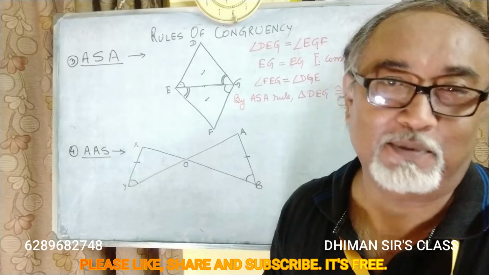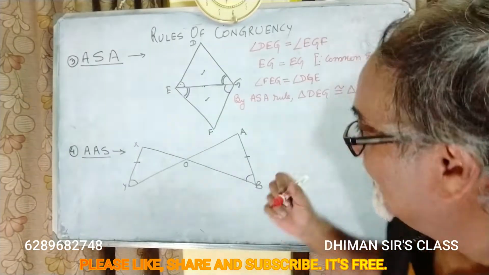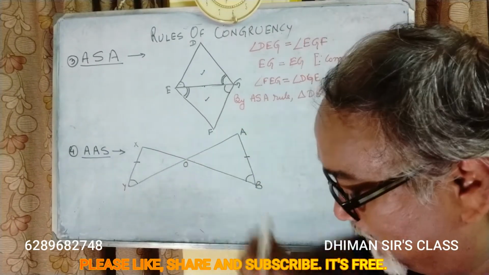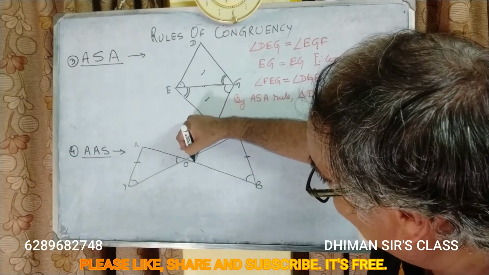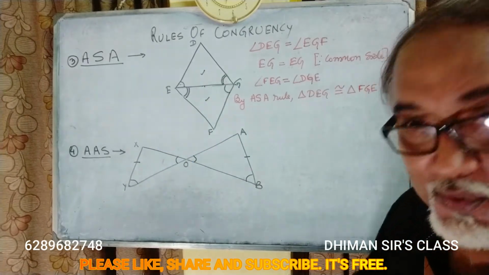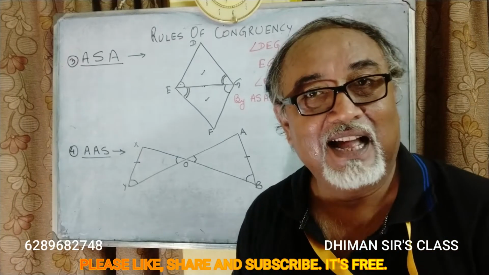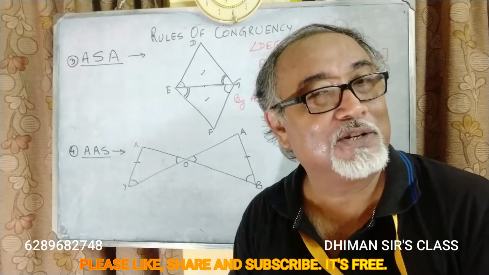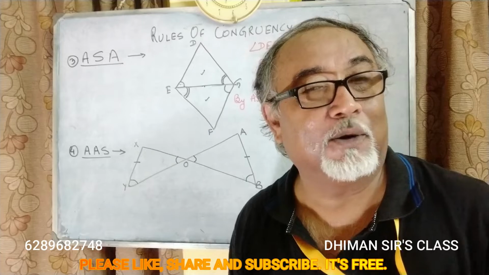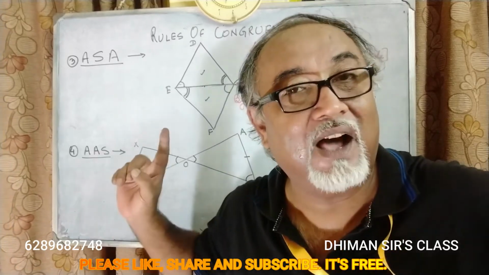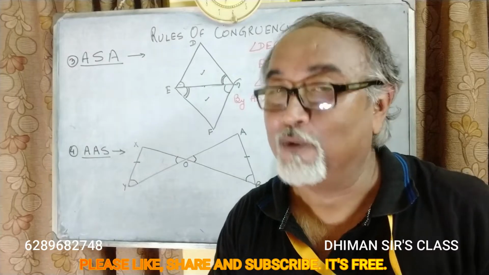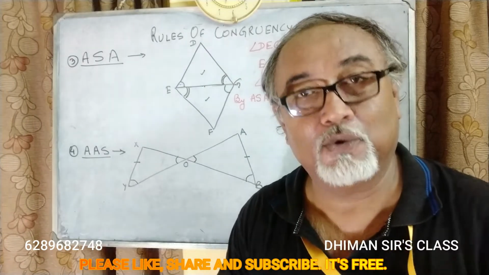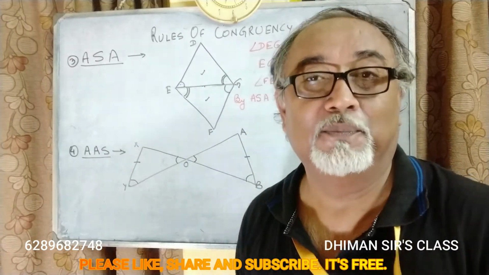See, vertically opposite angles. This angle is equal to this angle, my dear students. In my previous video, I showed you how vertically opposite angles are formed and how they are equal to each other with activities. If you have not seen, please go to that video.